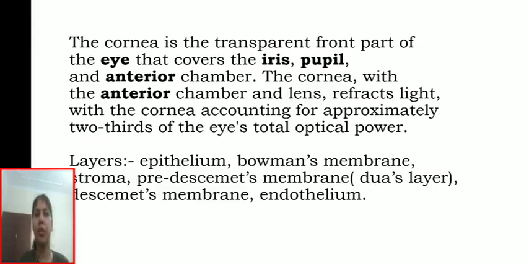The layers of the cornea are epithelium, Bowman's membrane, stroma, predescemet membrane or Dua's layer, Descemet's membrane and endothelium. These layers are present from outer to inner. The outer layer is epithelium, the anterior layer.